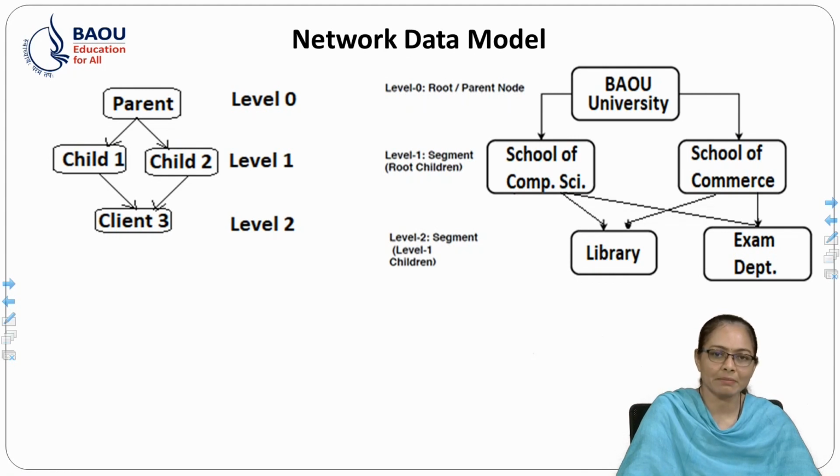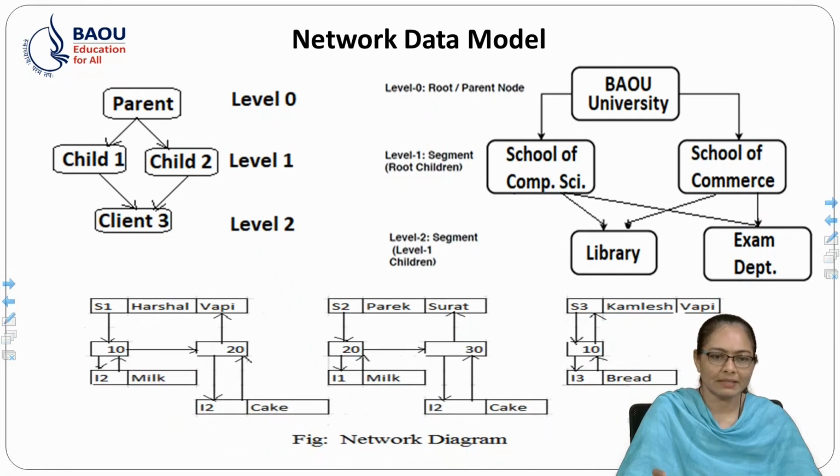Same as the exam department. Exam department is also a child record of the School of Computer Science and School of Commerce. So we can say here one-to-many relationship is possible, many-to-one relationship is also possible, and many-to-many relationship is also possible. One child has many parents.